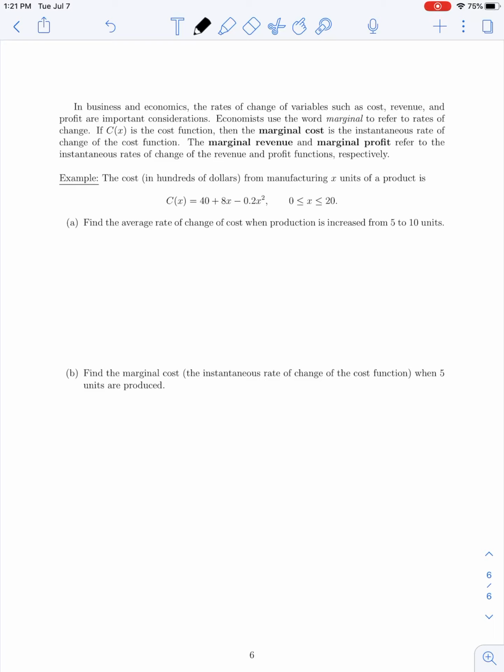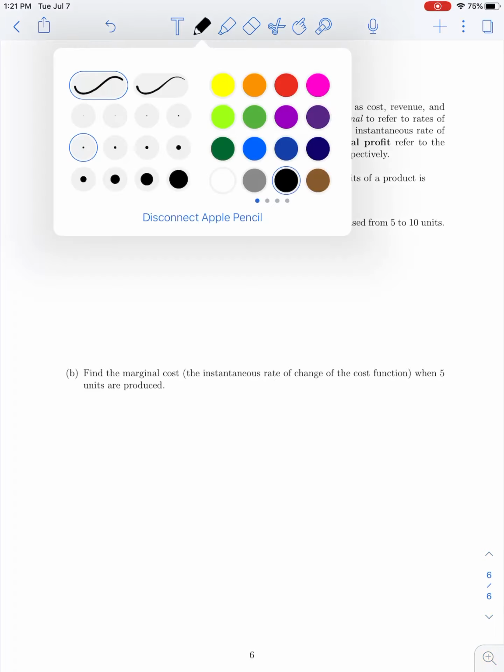Now, in this last part of our section, we'll introduce some terminology that we had briefly discussed in Chapter 3 when we were talking about applications of linear functions, but we're going to generalize the definition that we had introduced there.